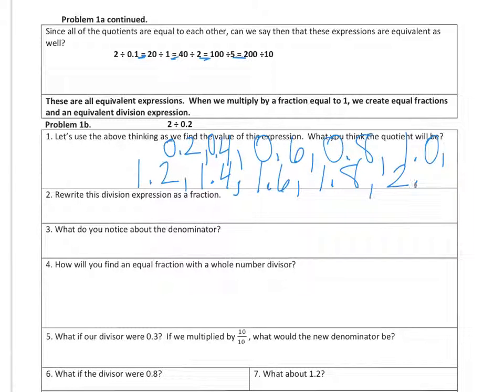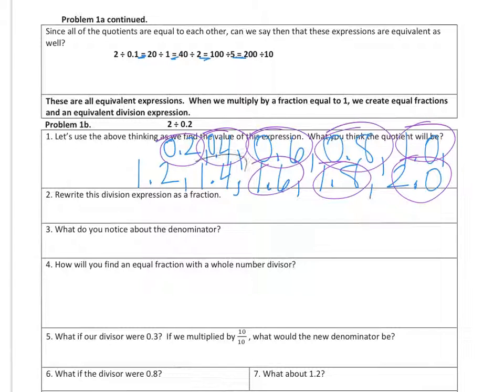There we are, 2/10. So let's count. 1, 2, 3, 4, 5, 6, 7, 8, 9, 10. All right, 2 divided by 2/10 equals 10.